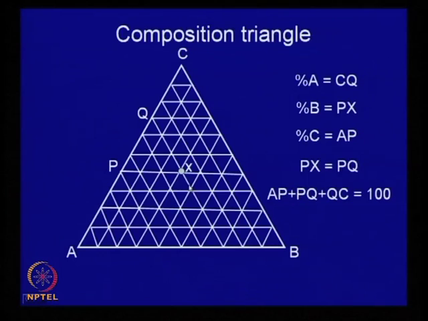Let us begin this lecture with the composition triangle, which is shown over here. This corner represents pure A, this corner represents pure B, this corner represents pure C. Like in a 2D graph, several lines can be constructed in this triangle, and these lines represent composition.